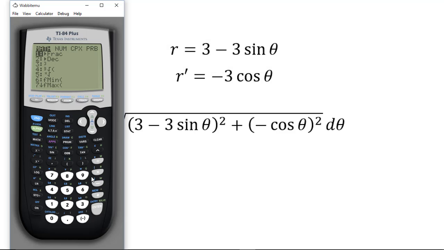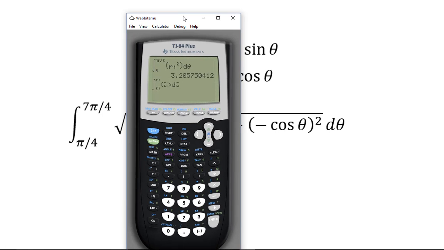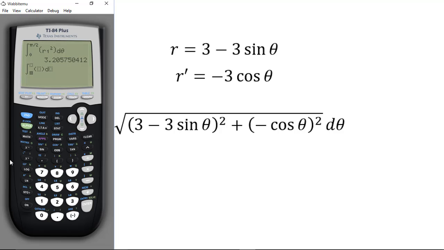Integral from pi over 4 to 7 pi over 4 of the square root of r squared plus r prime squared d theta equals, let's wait a minute, and 14.706.